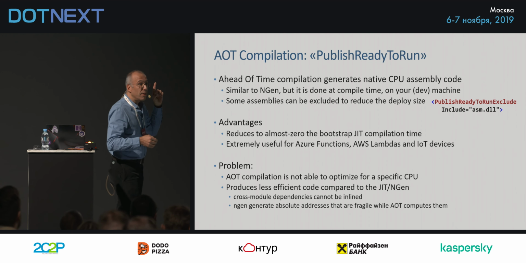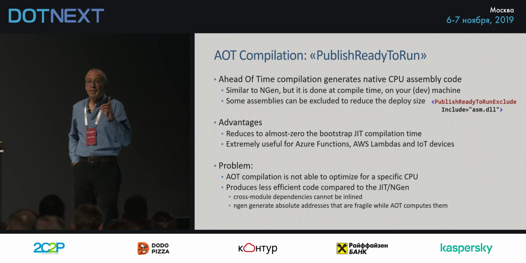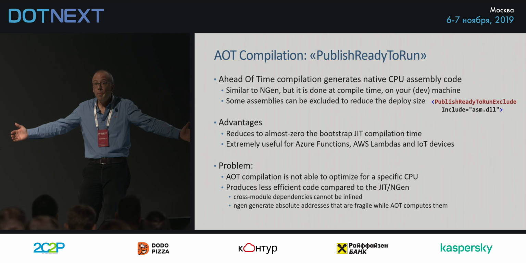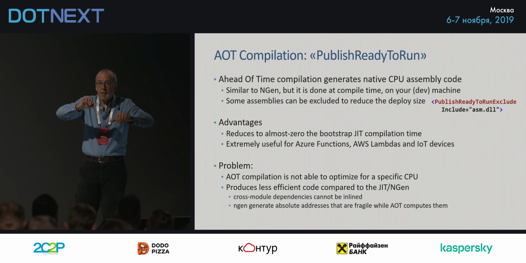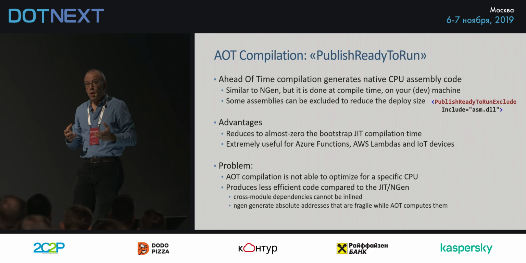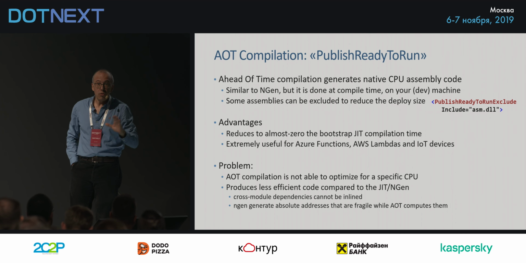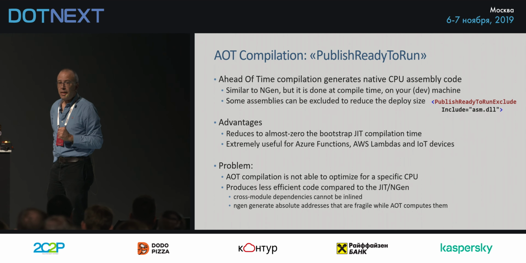Also, there is a huge difference in comparison to NGen, because NGen made assumptions since it compiled all the framework together and knew fixed addresses and so on. But the AOT cannot know certain things. So there are anyway methods that will not be compiled at all. And the jitter will still be needed.